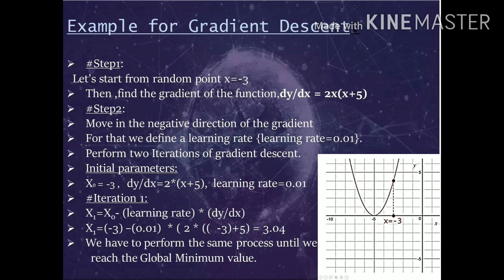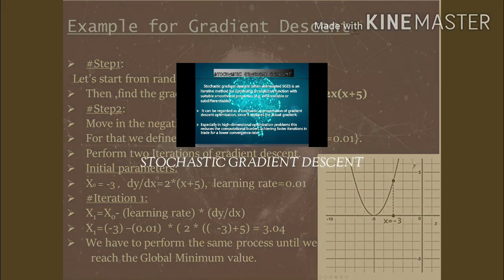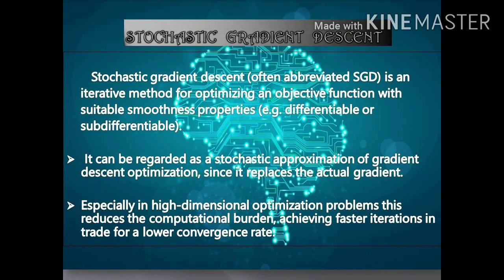We have to perform the same process until we reach the global minimum value. Until now, we have discussed about gradient descent. Now, let's discuss about stochastic gradient descent.